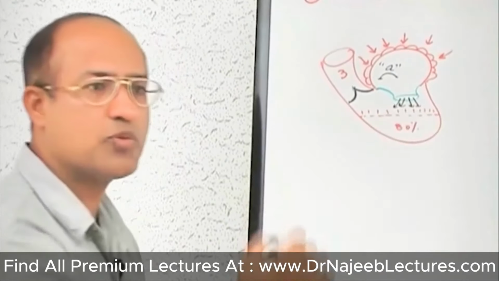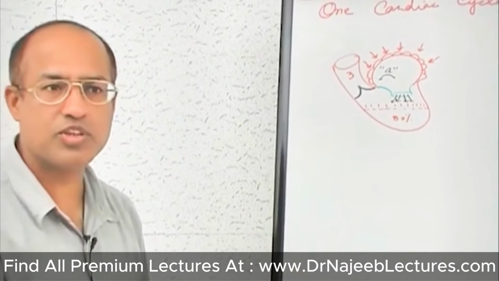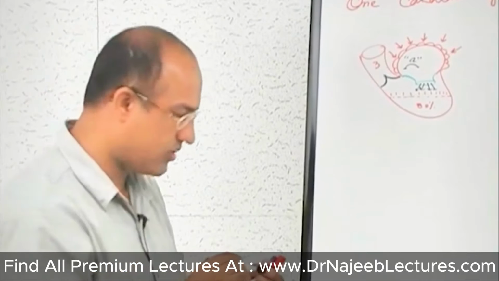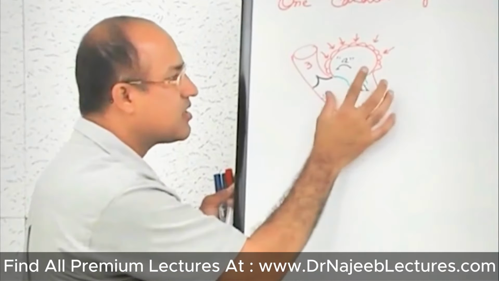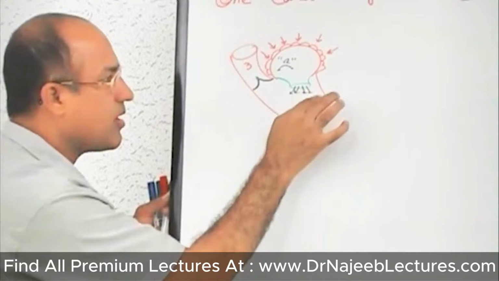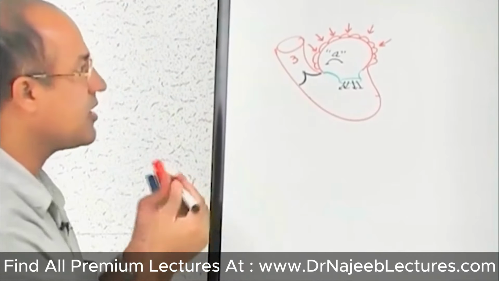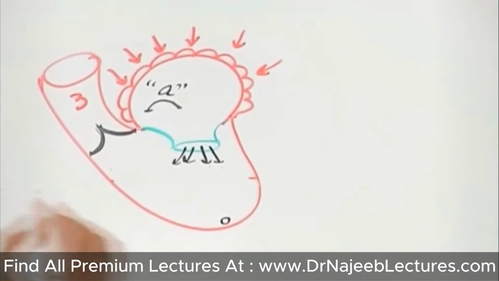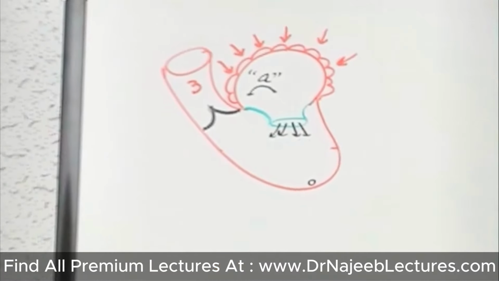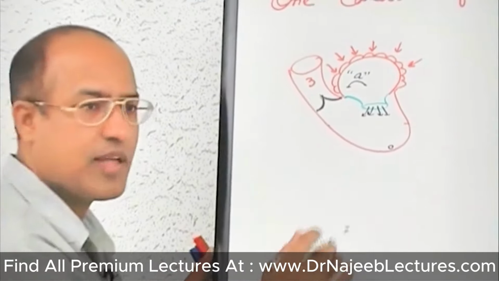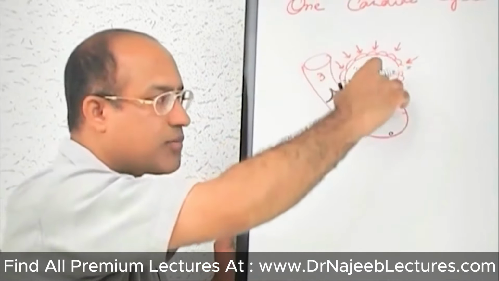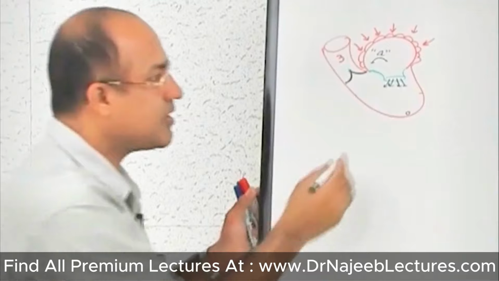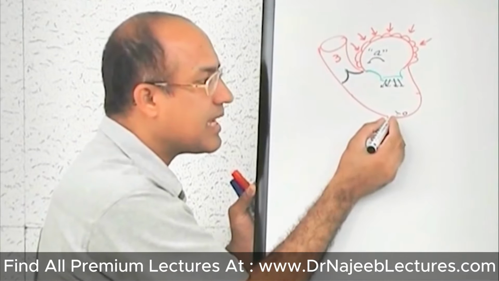And when blood moves into the ventricle, that pressure is transferred to which chamber? The left ventricle. So we can say that at this particular moment, when the atrium is contracting, just before the contraction of the atrium, pressure here was 0. It was very little pressure. It was a relaxed chamber. But as soon as the atrium contracts, it pushes the last part of the blood into it, and the pressure starts increasing.